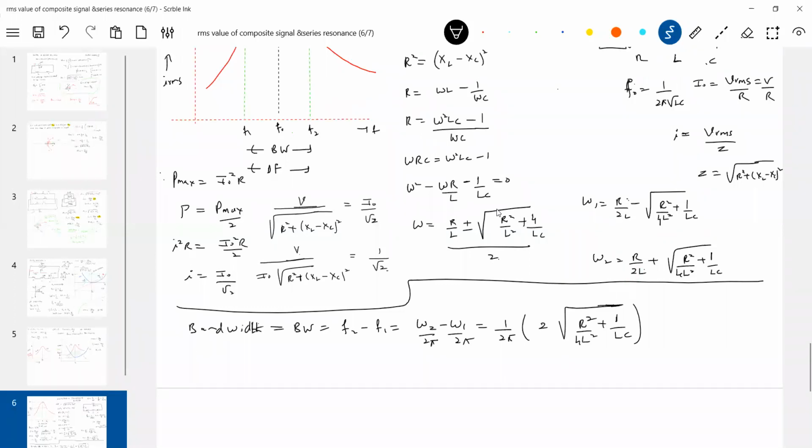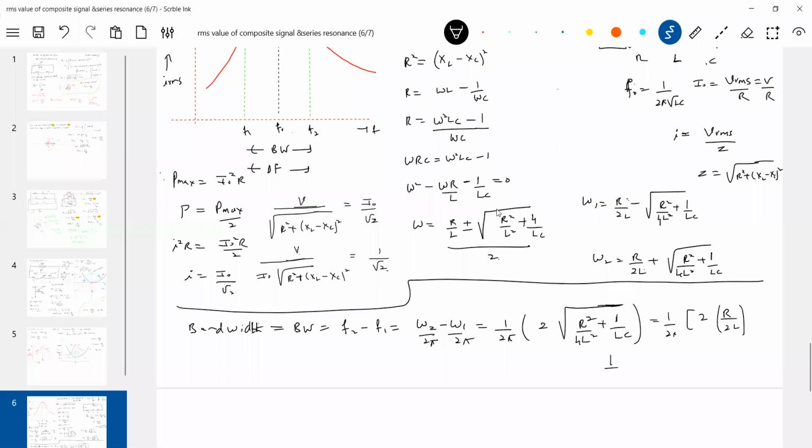Okay, now 1 by LC, you can neglect the bracket term. So we'll end up with this 1 by 2 pi. So this will be R by 2L, I'll bring outside.